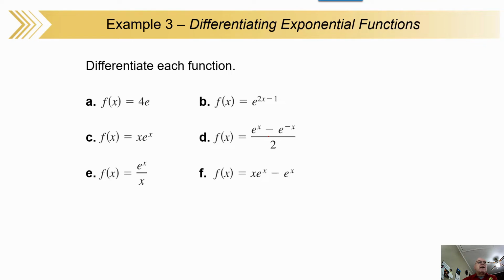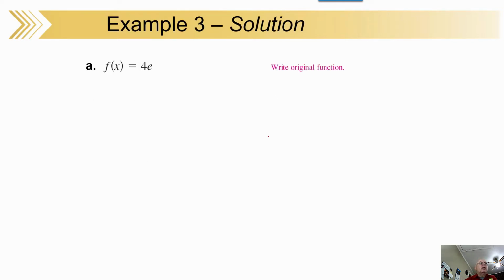So here we've got some functions to experiment with, and let's start with the first one. F of x equals 4e. Well, if you go back in your memory to taking derivatives, if you've got a function, let's call it g of x, if g of x is 5, in other words, a constant function, just like y equals 5, means the same thing, that y prime is 0.